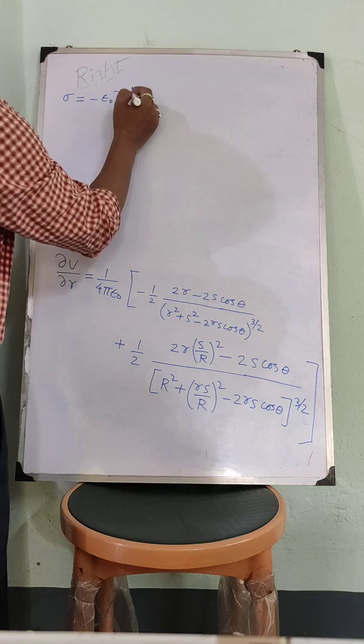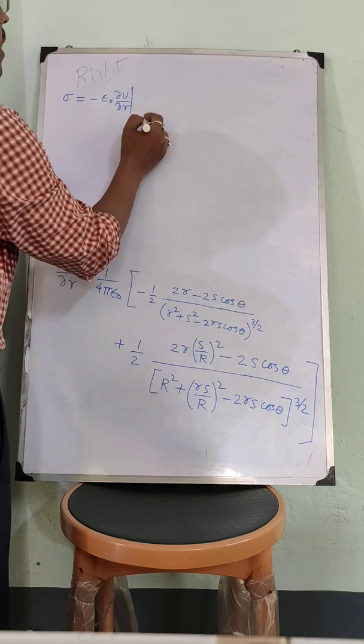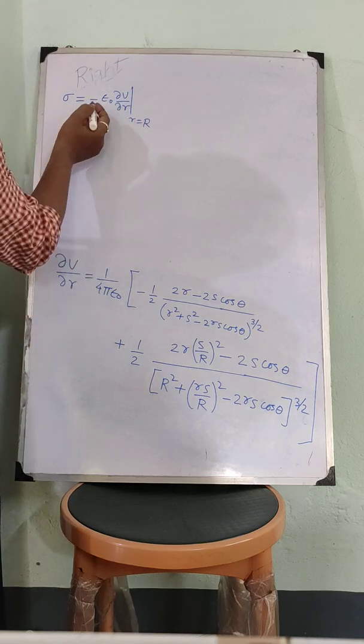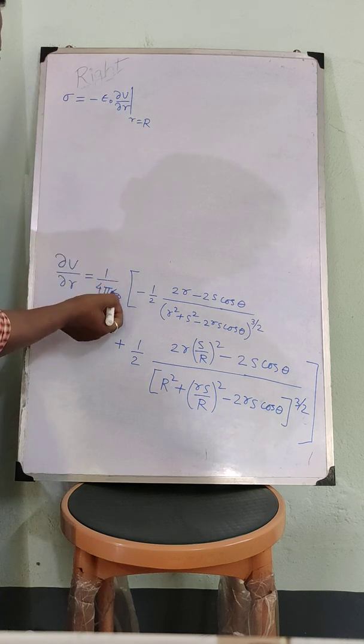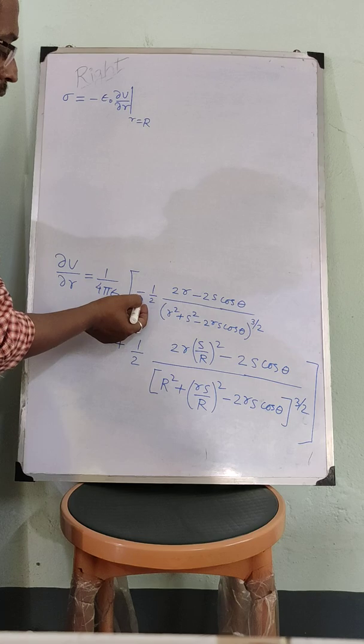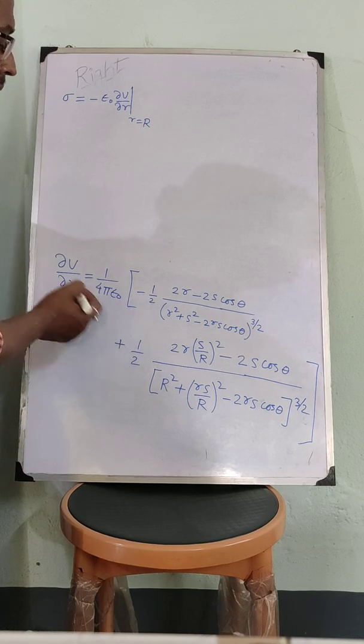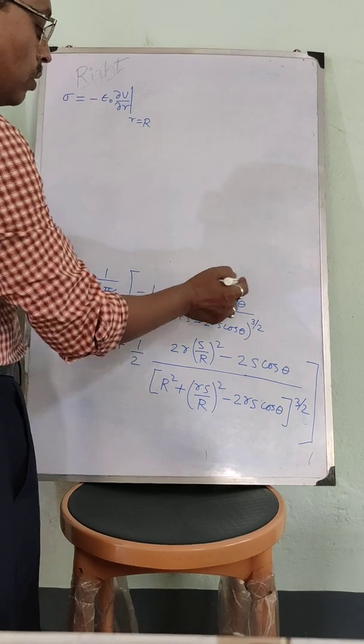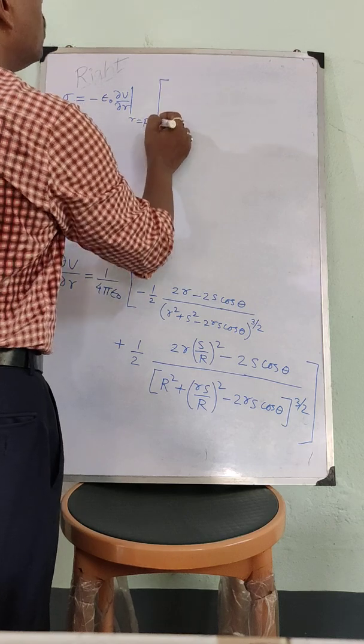Now at small r equal to capital R we want to know. Now this epsilon 0 will cancel with this epsilon 0, and this minus will make it plus, and this will be minus, and 2 will cancel, so bracket.